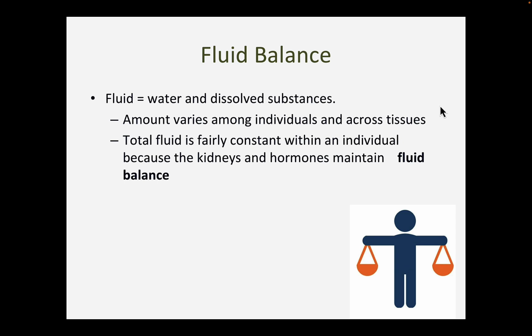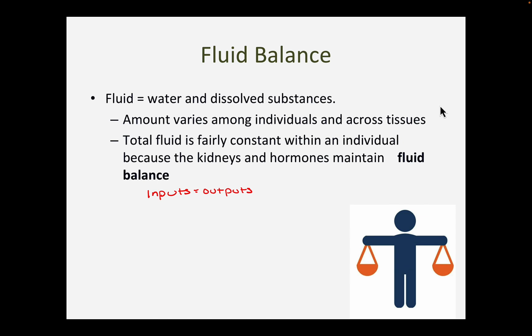For example, the fluid in the liver is different from that in the brain, that in the bone, etc. But across one individual, total fluid is fairly constant. So the amount of fluid that I have is maintained because the kidneys and hormones are working hard to maintain fluid balance. In other words, these systems are constantly working to ensure that my inputs equal my outputs.